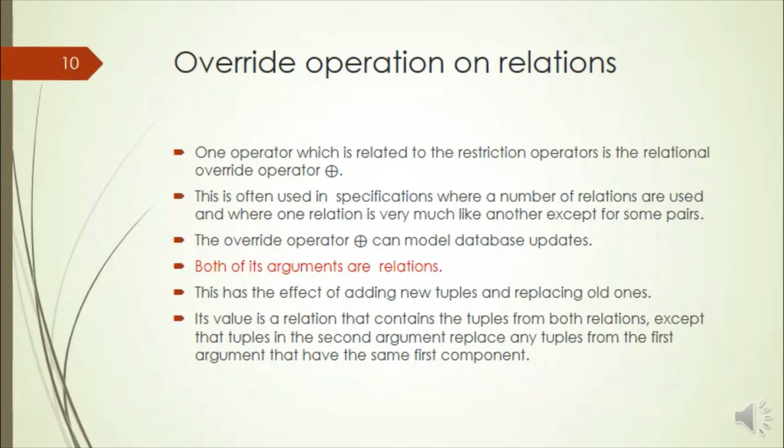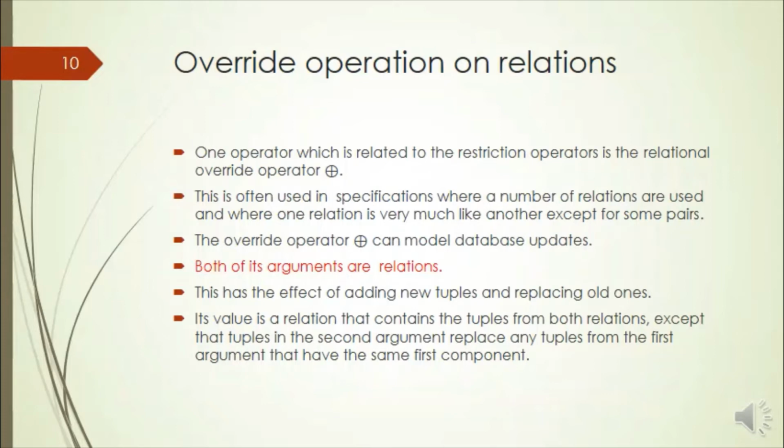The overriding operator can model database updates, and both of its arguments are relations, and both the relations must be of the same type. The type of both the arguments for this operator must be declared on the same relational data type.